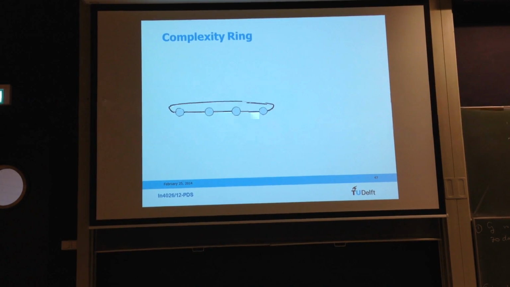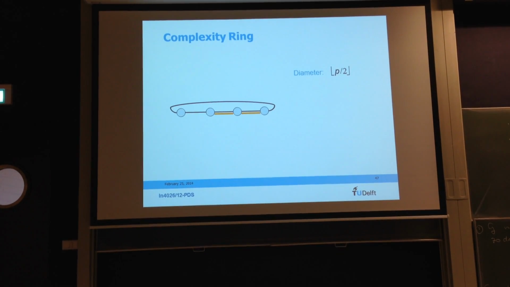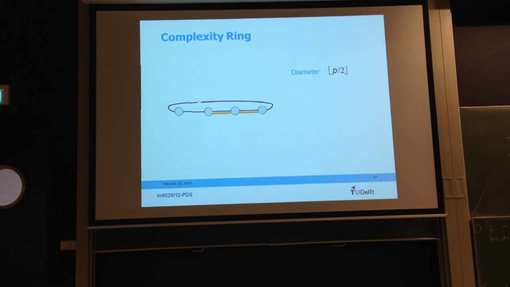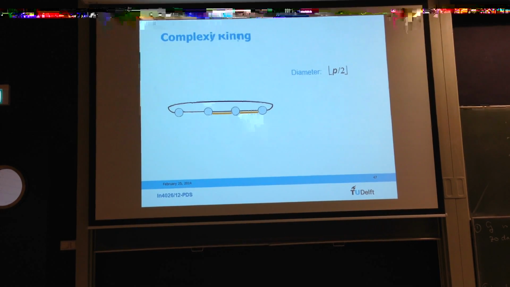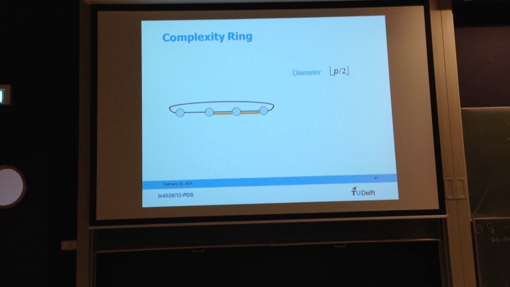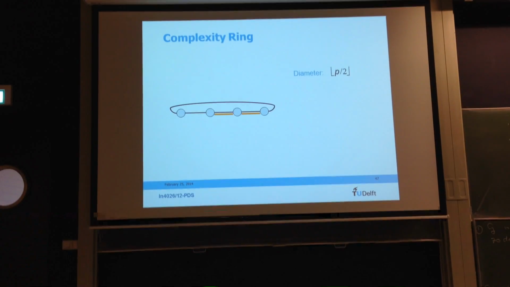Then the ring. The ring network. So the diameter is simple because it's the half of the ring, right? You can either go this way or the other way around. So it's half, but it's floored, right? Everybody knows what the floor function is. Everybody knows ceiling and floor functions. No problem. Okay.